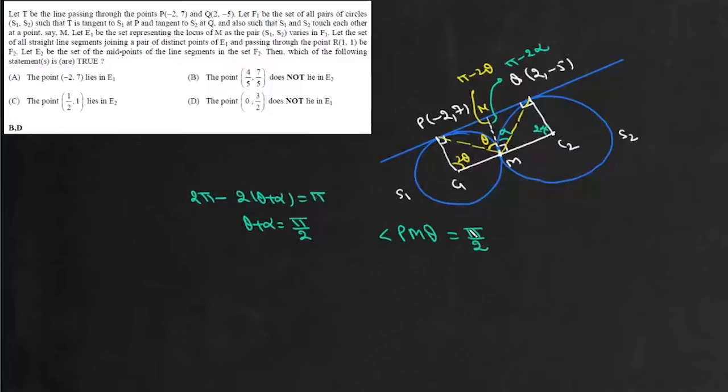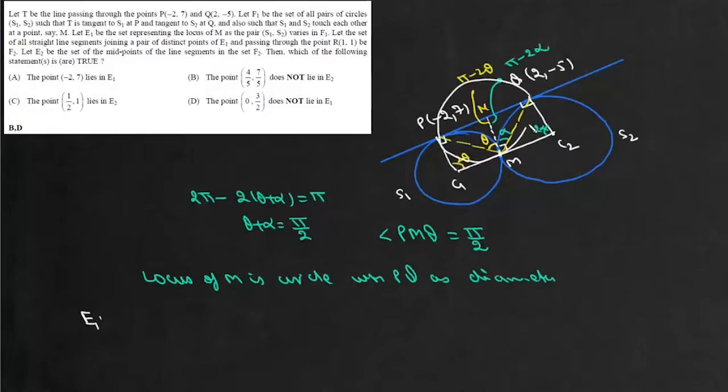And if PMQ is always 90 degrees, then the locus of M is a circle with PQ as diameter. So basically this E1, which is the locus of M, is the circle drawn with PQ as diameter.